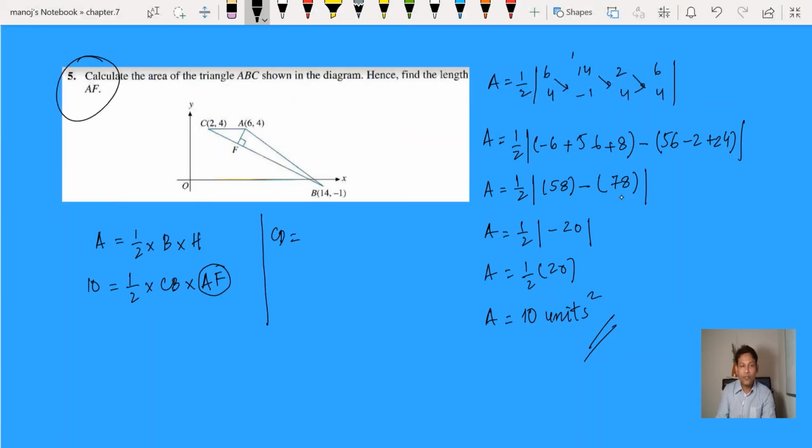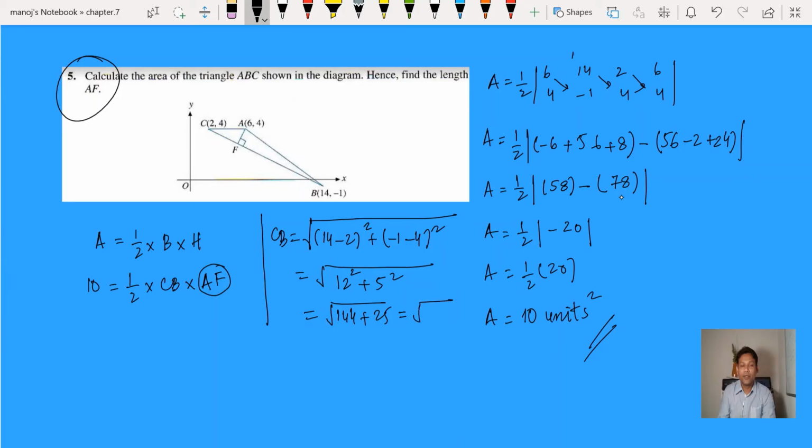CB using the distance formula. 14 minus 2 whole squared plus minus 1 minus 4 whole squared. Okay, 14 minus 2 is 12 squared, and minus 5 squared is positive 25, then 12 squared is 144, and this is 25.